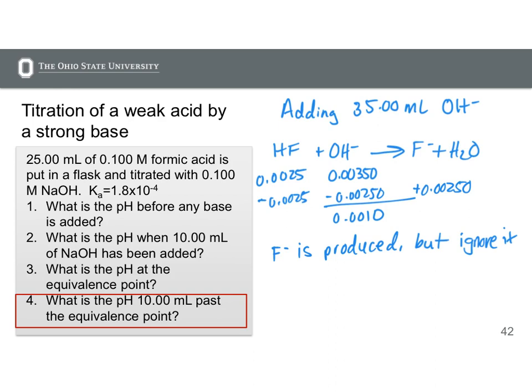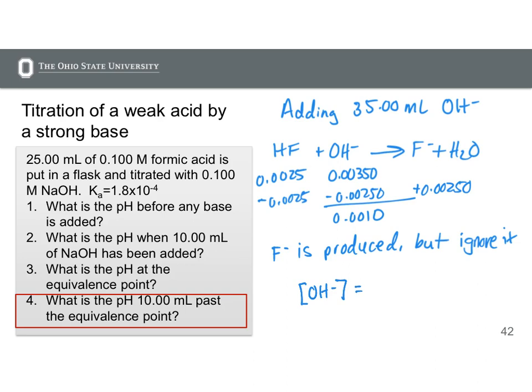And the reason being is that we're going to have so much excess OH minus that it is not going to play a role. Does that make sense? So now the only thing we need to worry about is the concentration of OH minus.